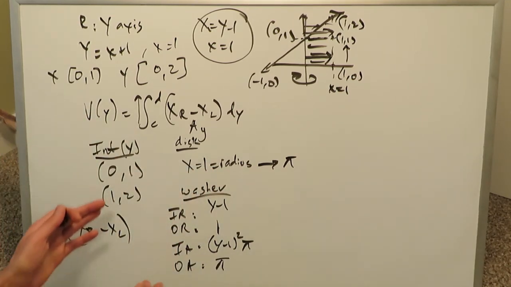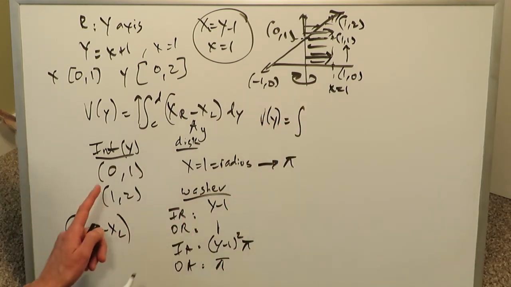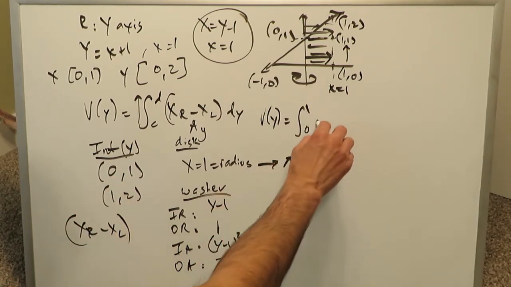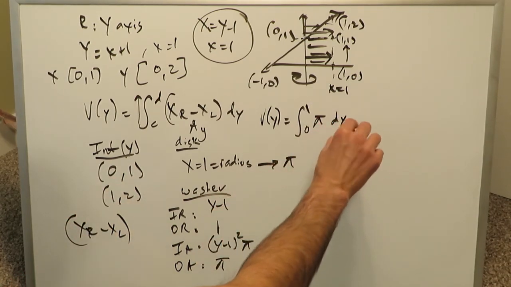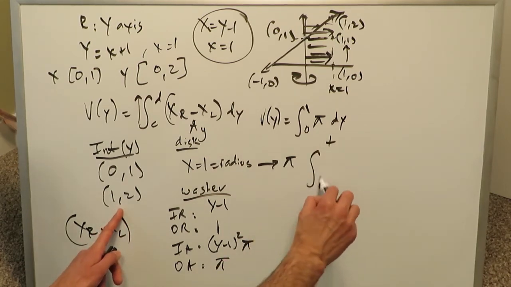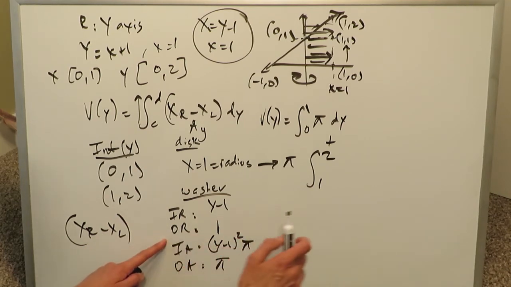And now you integrate this by means of two intervals. Your overall formula is this: from an interval of 0 up to 1, you're using the disk method, and here you have a pi and dy. Then we'll add to that the interval from 1 to 2, everything here along the y-axis. You will have an outer area minus an inner area, and you have to do this inner area calculation.